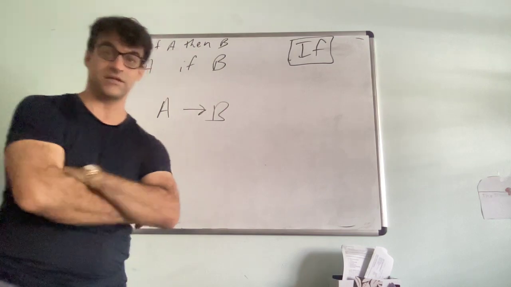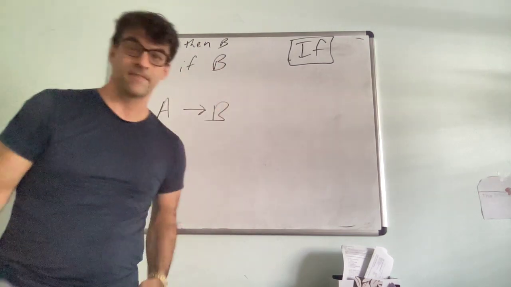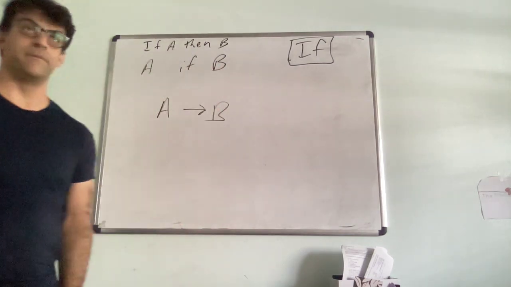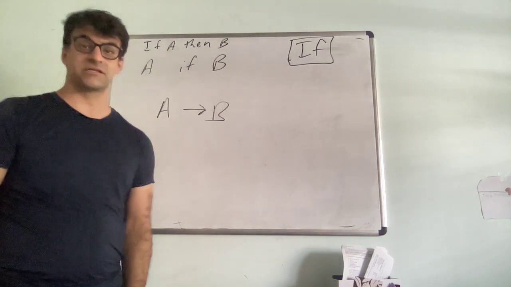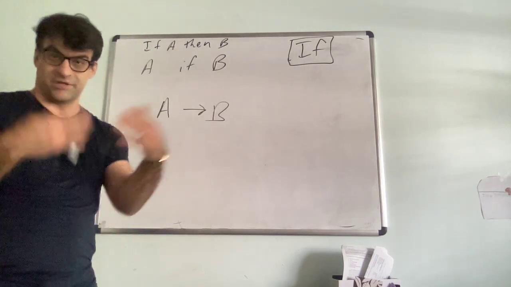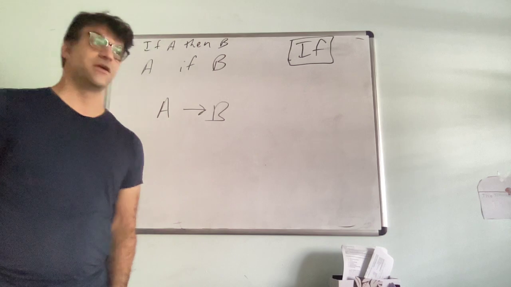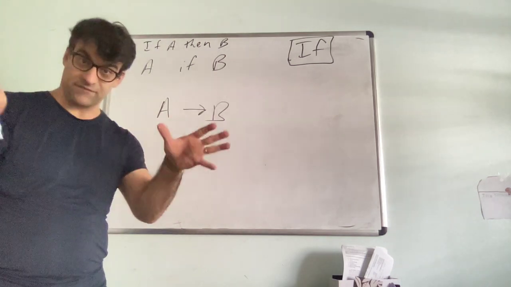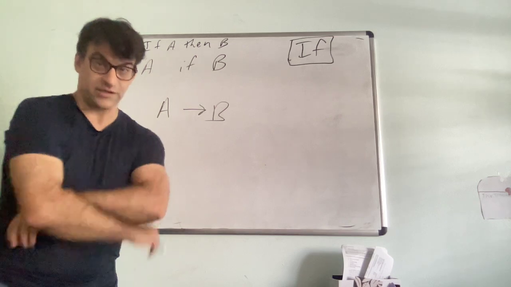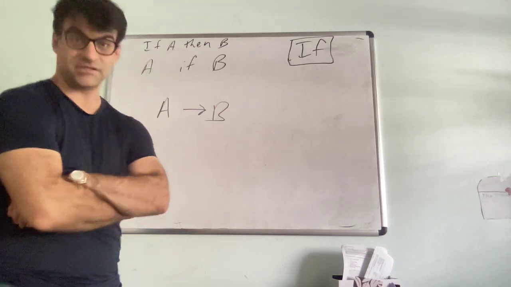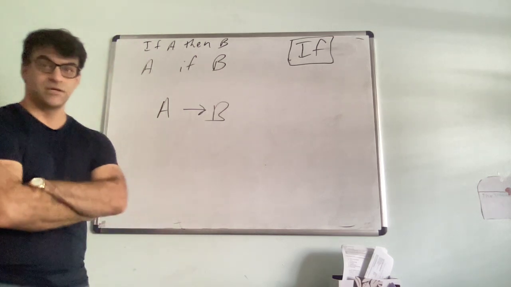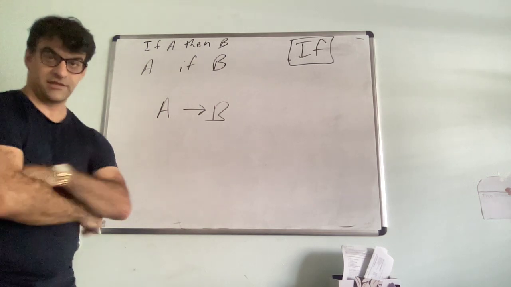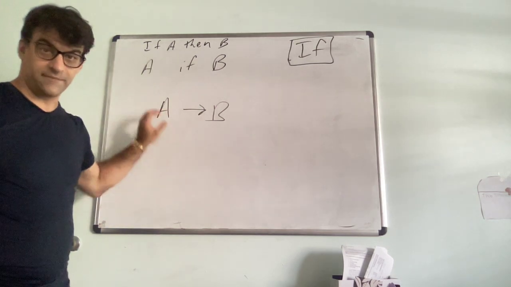Bob is there if Ann is, or Ann is there if Bob is. Right? I don't know how this works in contracts, legal context, but again, those of you doing pre-law stuff, you will have to track this correctly regardless of the English wording, the syntax of the sentence, as we put it. Okay? So, if A then B is A arrow B.